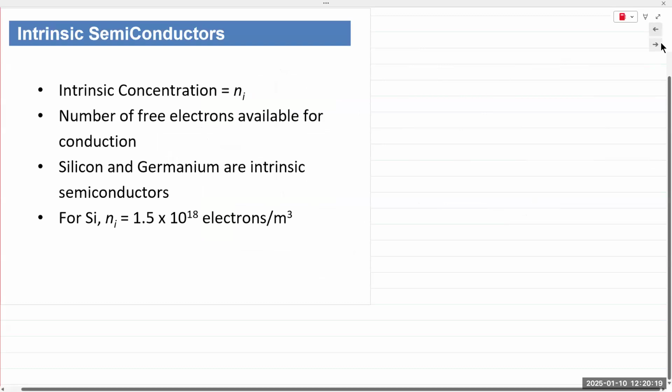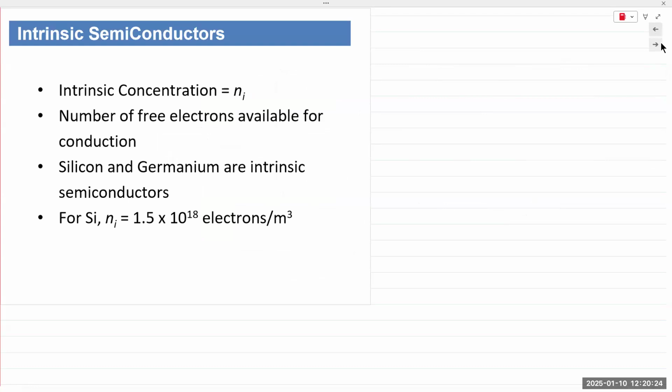Okay, so intrinsic semiconductors are the semiconductors that have free electrons at room temperature. The intrinsic concentration, meaning the number of electrons, is known as Ni. The N is the number of electrons, and the subscript i denotes that it's an intrinsic semiconductor.